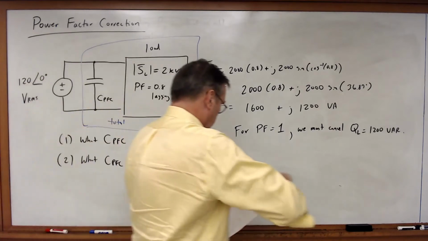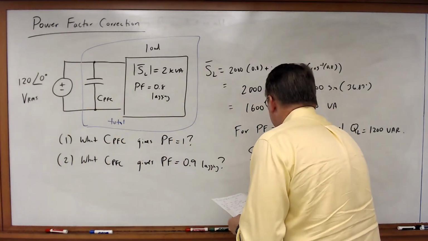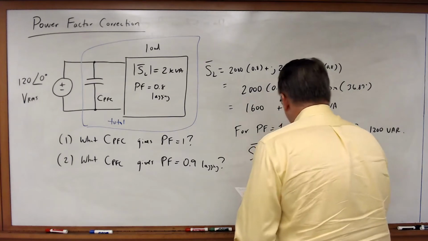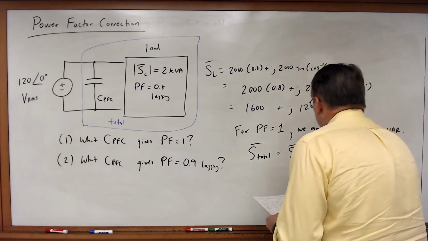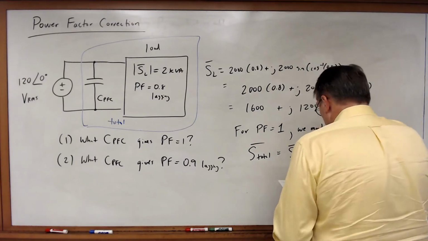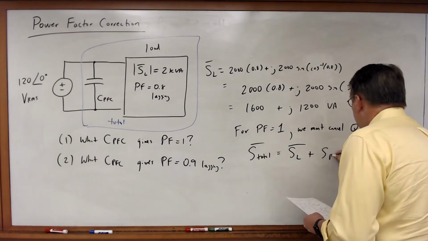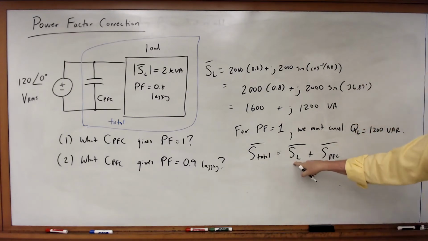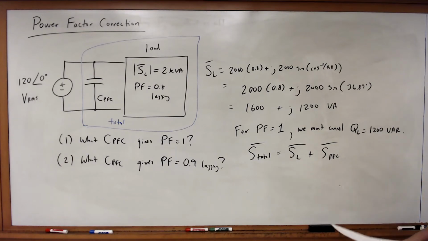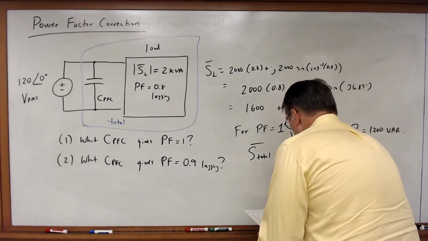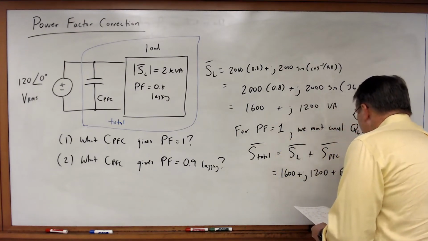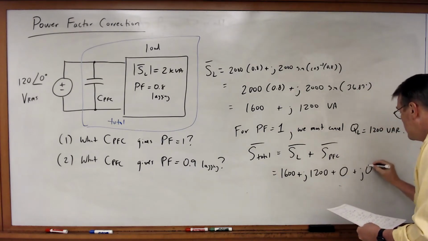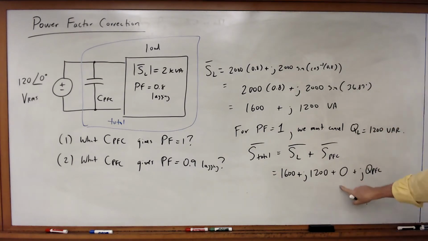And in that case, what I get is that S total must be equal to my load, S sub L, plus S PFC, the complex power of the load plus the complex power of the power factor correction capacitor, which must be equal to 1,600 plus J 1,200 plus 0 plus J QPFC. So I know that the real power of the capacitor is equal to 0.